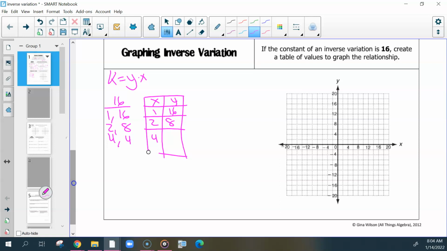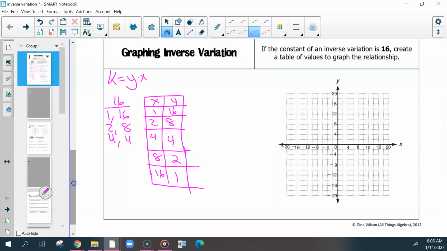Actually, let me fix this. The reason I put those numbers again is because if my x is 1 and my y is 16, that would be a point. But if I switch them, that would still equal 16, but that would be a different point. So I'm going to plot all of these points.